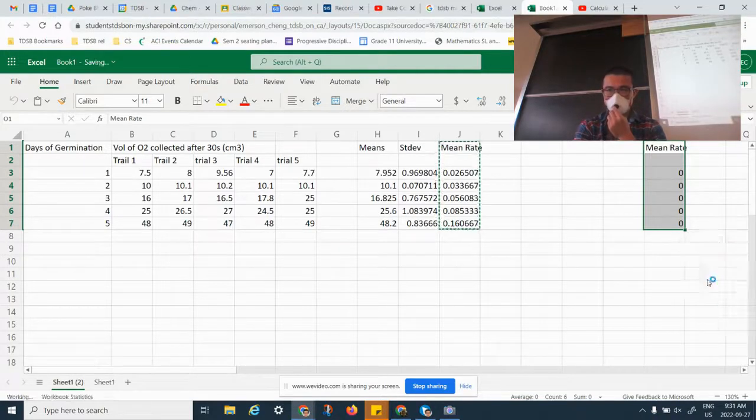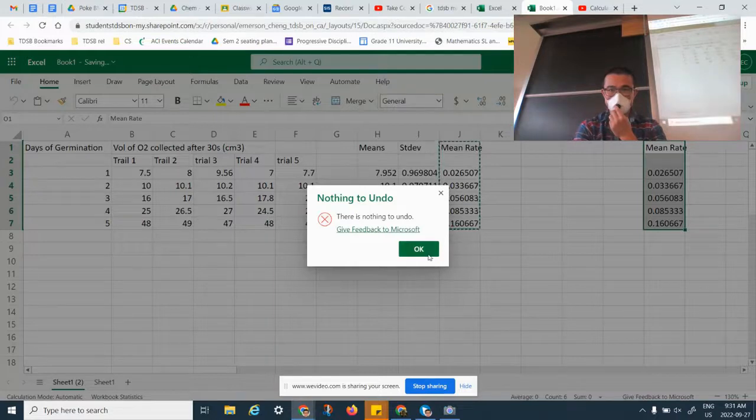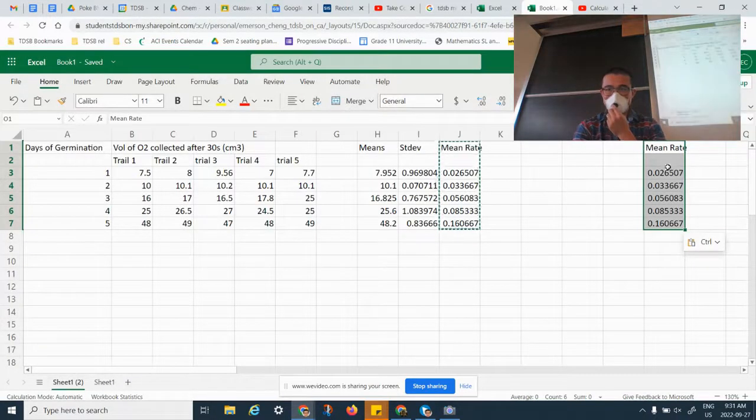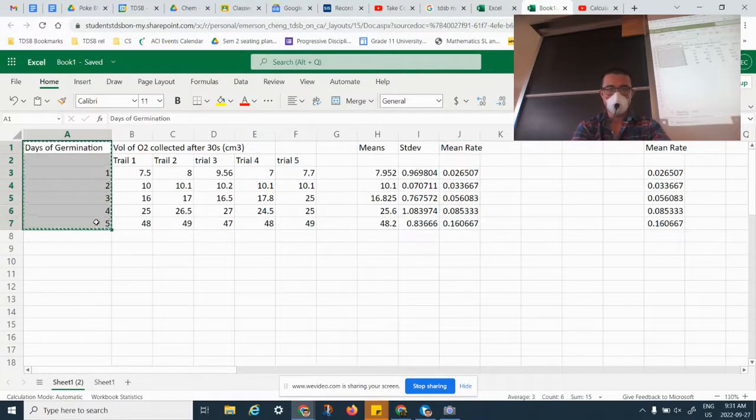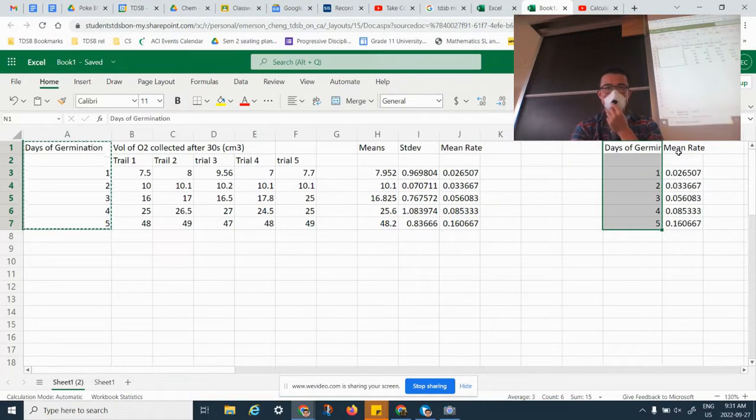Paste values. So they copy the numbers, and I copy the days of germination again here. So what I just did, I copied this column and this column.